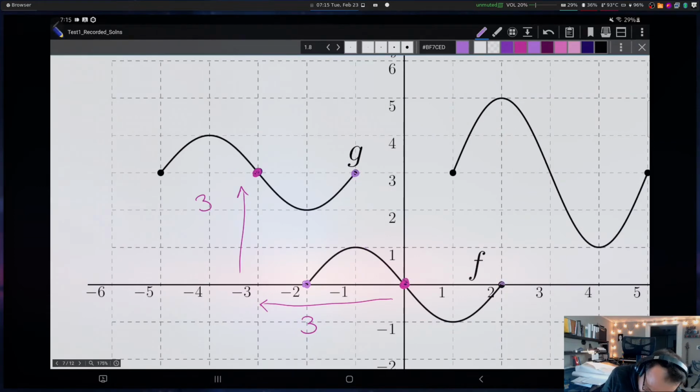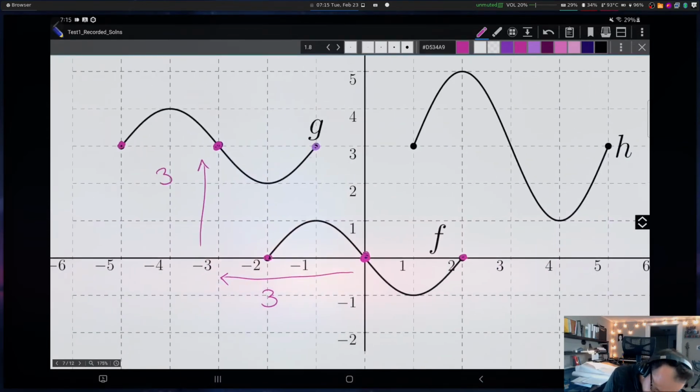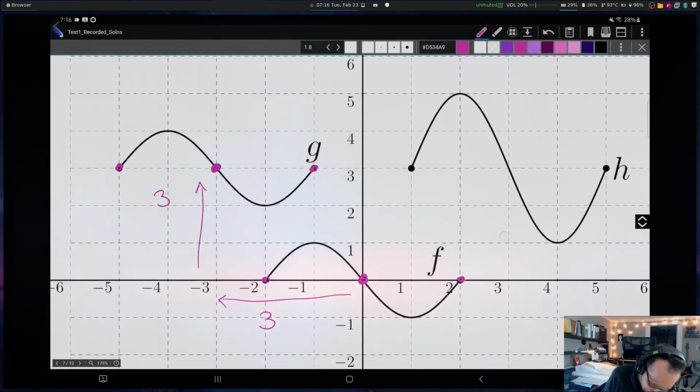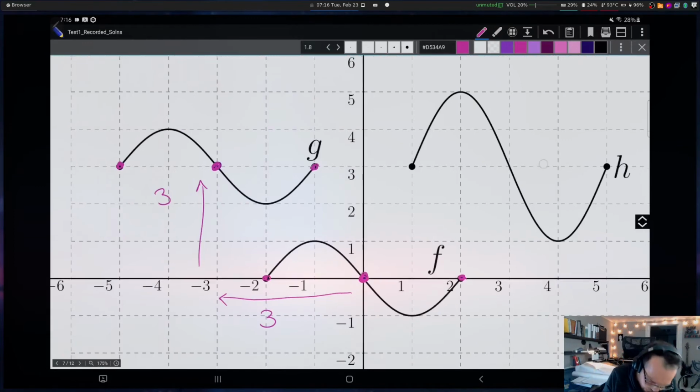So I know that at least these endpoints are getting matched up as well. That's a good sign. So if I just do the shifts by themselves, I'm mapping these original 3 pink points to these 3 up here. That's telling me there's no horizontal scaling that I need to do.